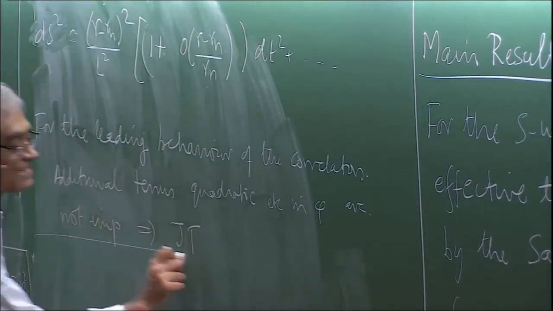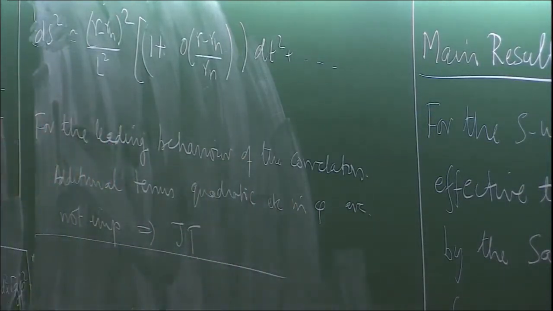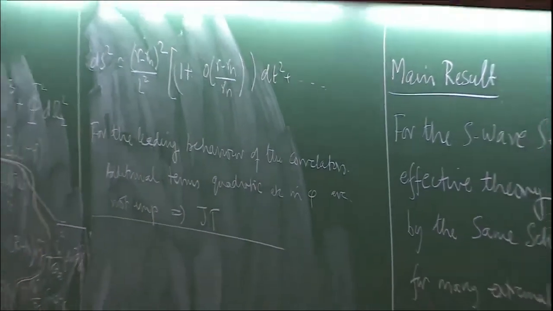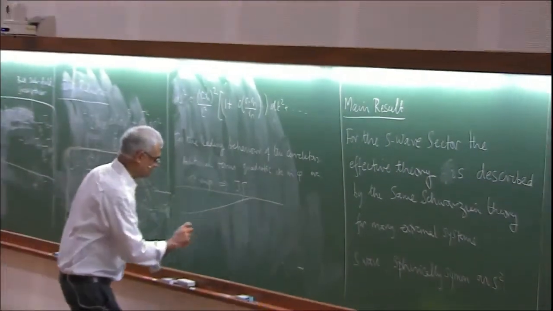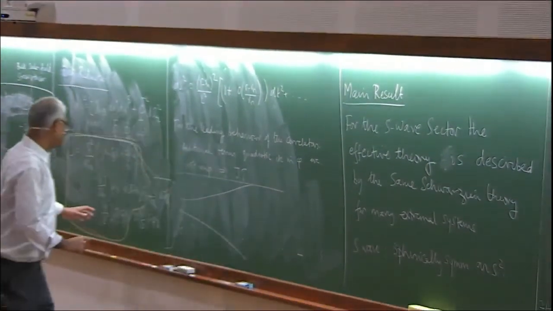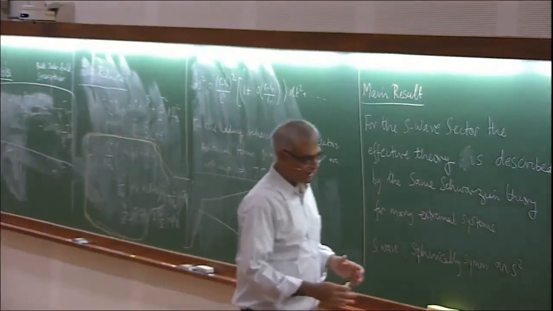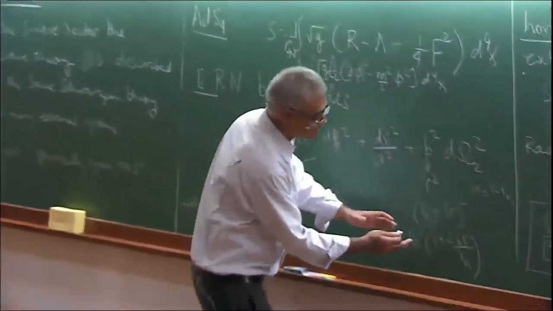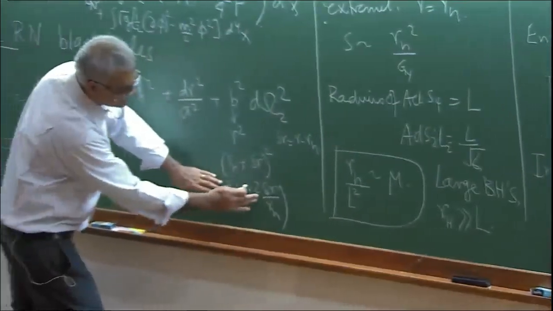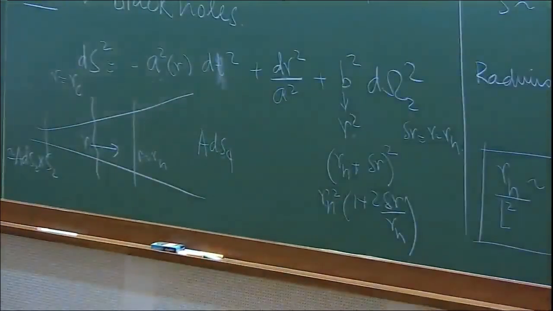Now, why is it that these corrections are not important? I'll just try to explain that and then I'll stop. The physical reason is the following. The leading effect arises due to the fact that the scalar, which I can call the dilaton, is evolving once I keep the leading corrections.